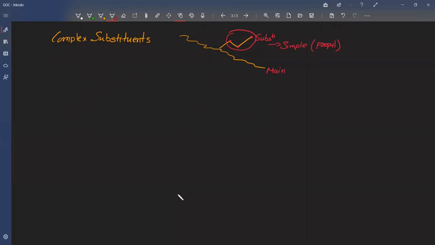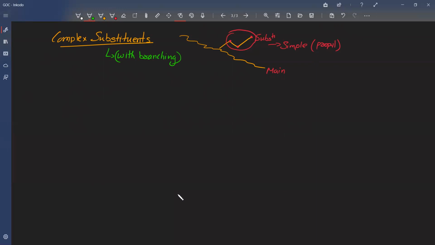What will happen if there is a branching in the substituent? So a complex substituent is nothing but a substituent with branching, right? So in that you don't have to worry much. Even that substituent which has branches will have to be named as per the IUPAC system.